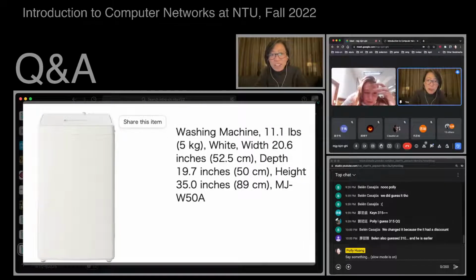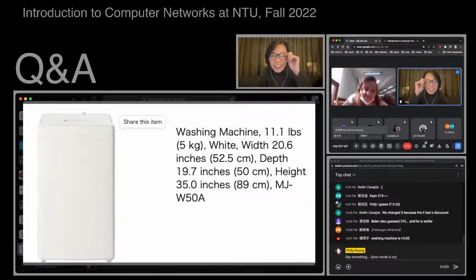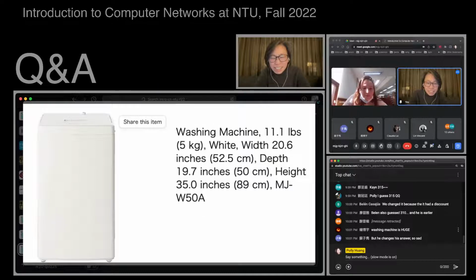It's actually a washing machine, a laundry machine. White color, really nice, clean design. The size is just perfect for a single family. Is it really large?